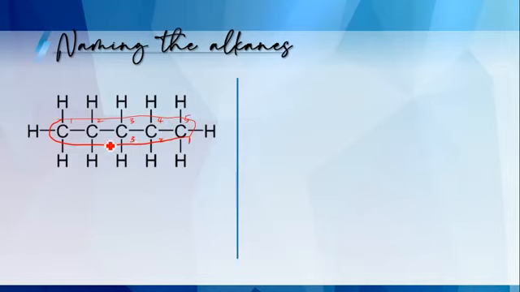Step number 2 is numbering. Step number 3, name the carbon chain. 5 carbons, the prefix is pent, and this is an alkane, so the suffix is -ane.